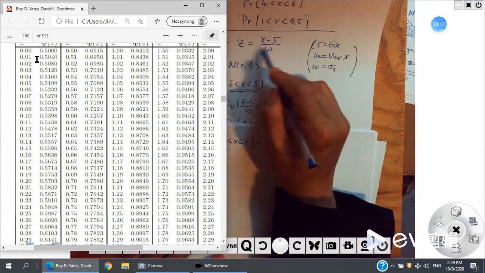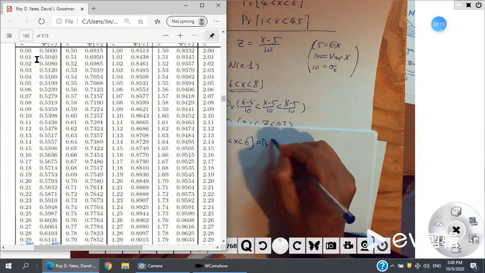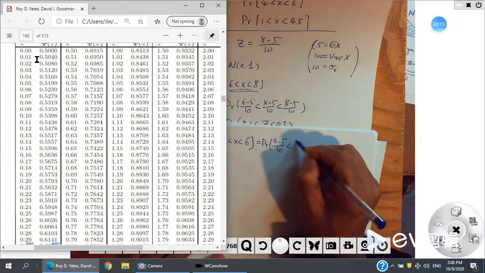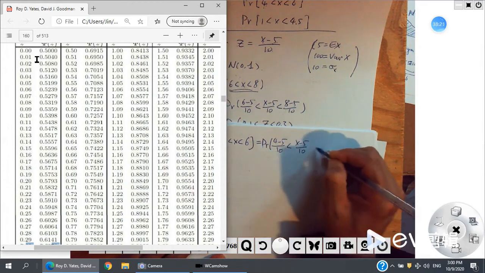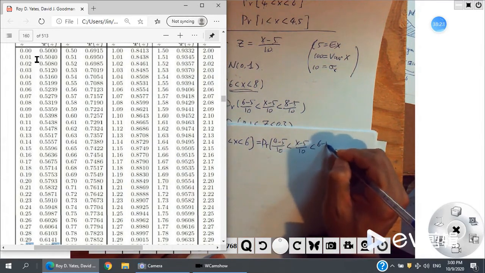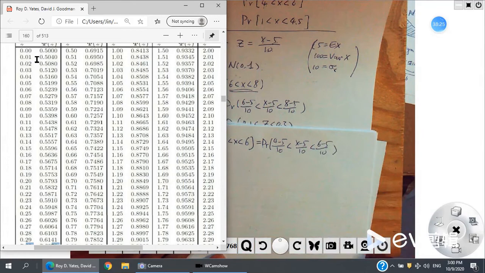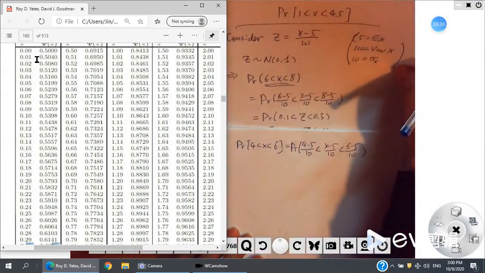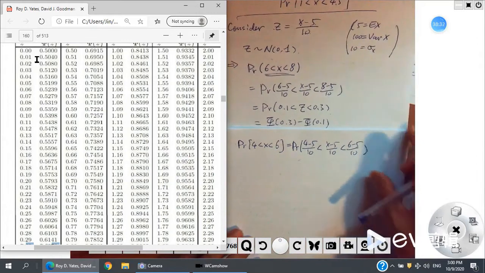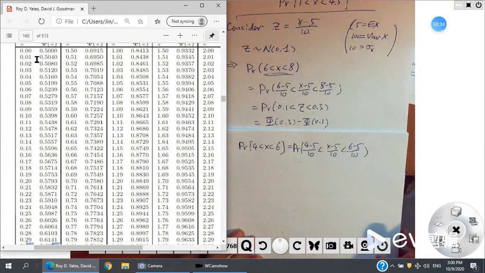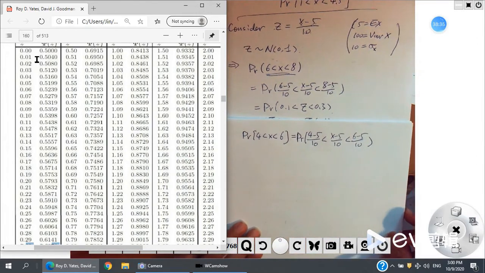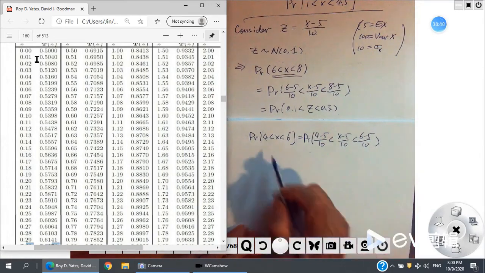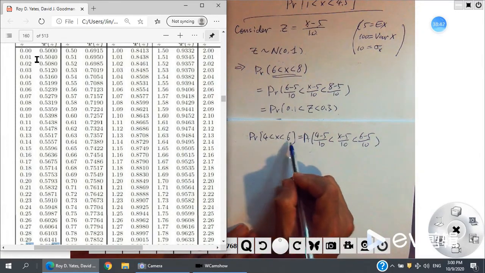So now the probability needs 4 minus 5 over 10, smaller than x minus 5 over 10, and smaller than 6 minus 5 over 10. Oh, sorry. Yeah, my document camera can only view like this. Okay, we want the probability of these, then write in terms of z.